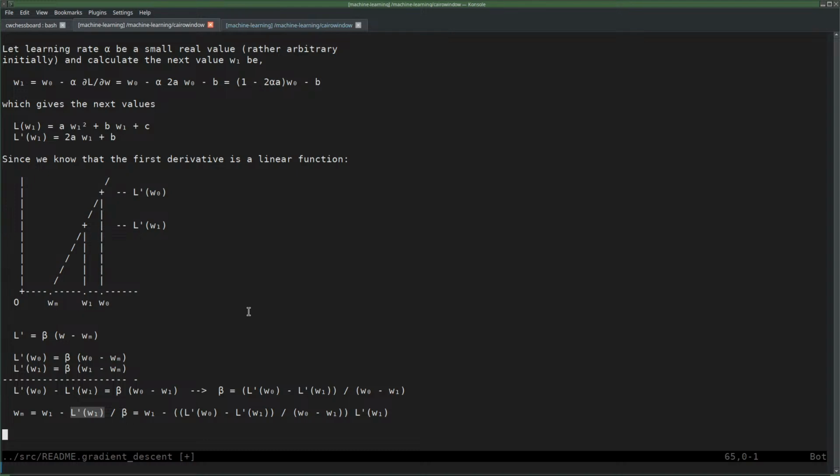Which is a very well-known formula, because it's just the same as this one.